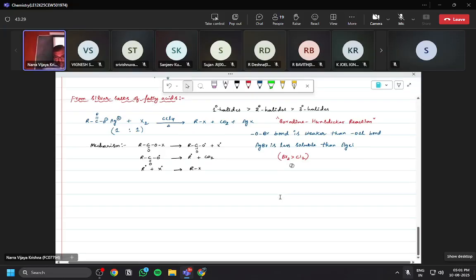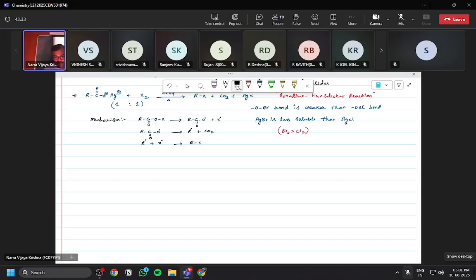Right? If the same reaction is done with iodine, RCOO minus Ag plus plus I2, if I take this in 2:1 molar ratio, same solvent CCl4 followed by heating, you will get RCOOR plus AgI plus CO2 also, because I am taking 2 moles.